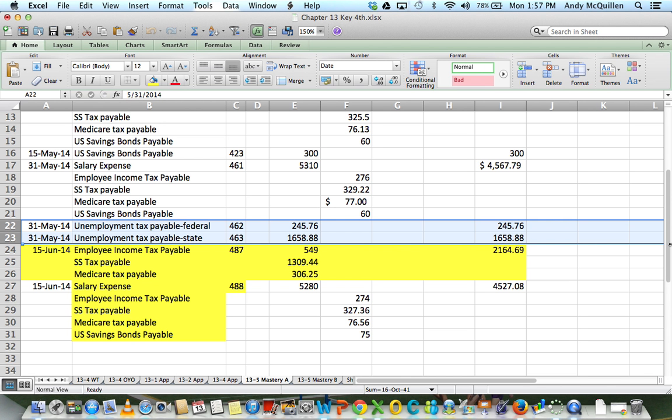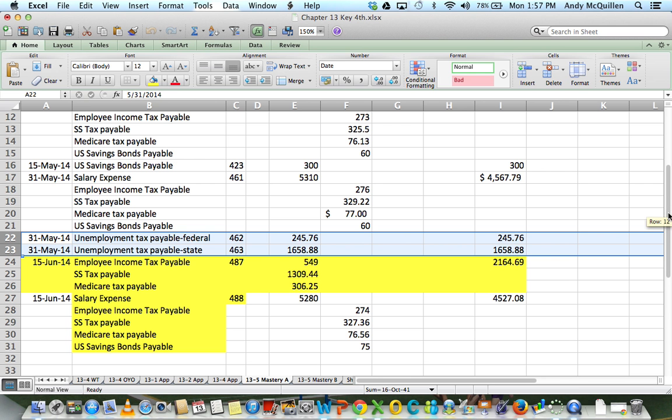It says paid cash for May liability for employee income tax, Social Security tax, and Medicare tax. Okay, to do that, you can do it a couple different ways. Probably the easiest way is to take 273 plus 276.